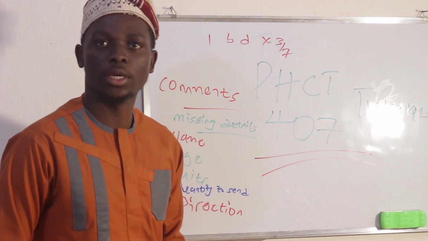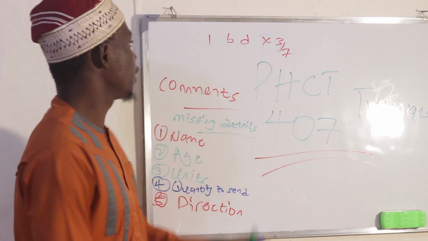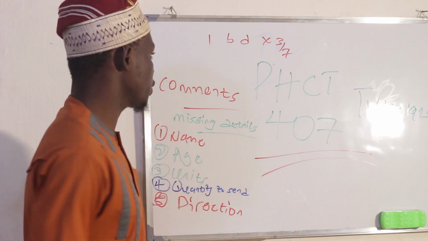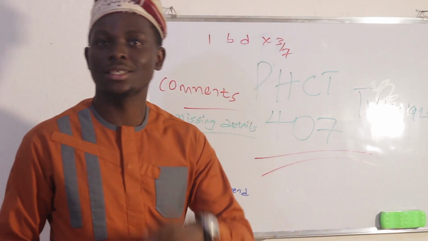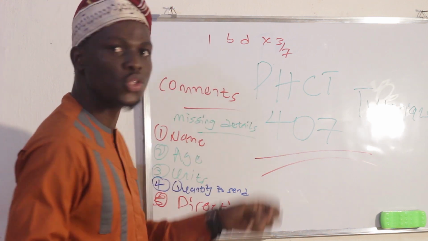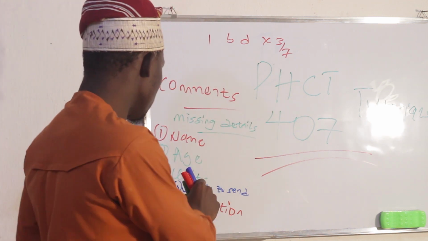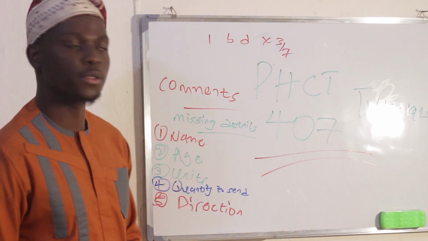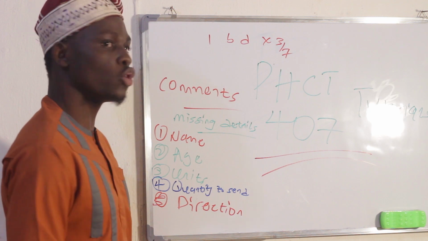That's 1 times 2. Then for 3 days, 3/7. That's 1 times 2 times 3. That is 6. So invariably, they are trying to tell you that you are going to send 6 powders. But in a case where the direction is not giving you a hint to the quantity to send, then you also need to ask for the quantity to send to your patient.